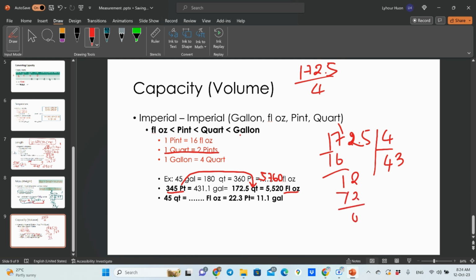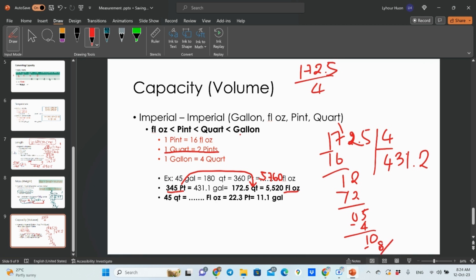We have 0. We drop the 5. And we have 1. 1 times 4 is 4. We have 1 again. And we put one decimal, give 0. And we have 2, right? 2 times 4 is 8, and then still have 2, and so on.